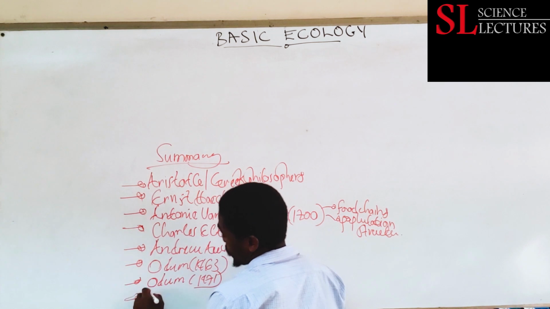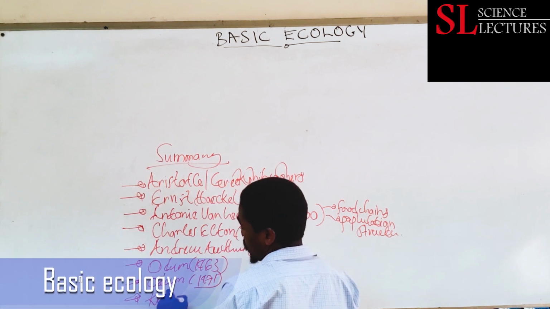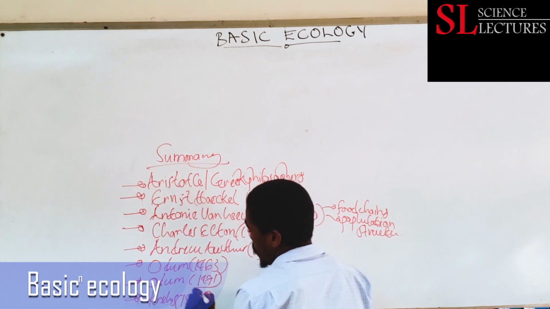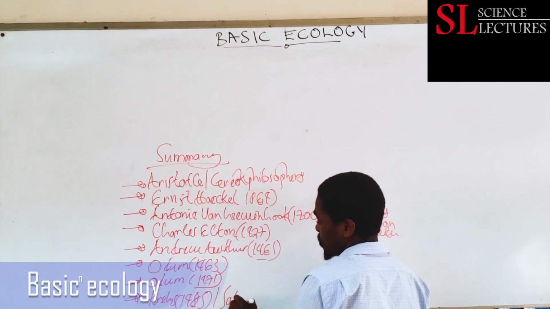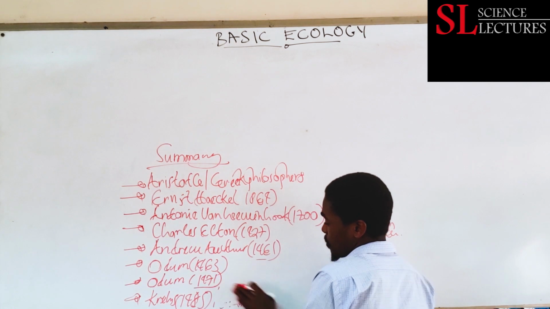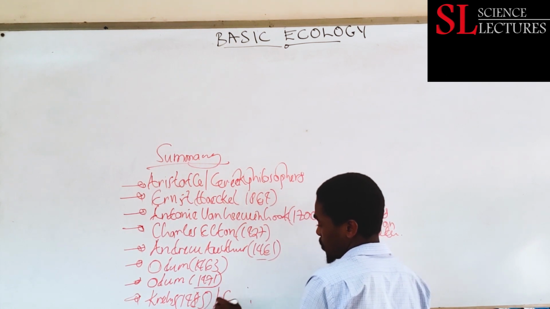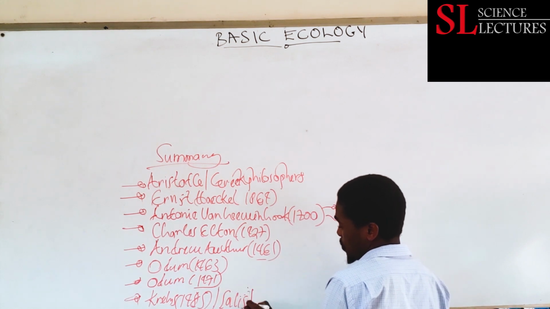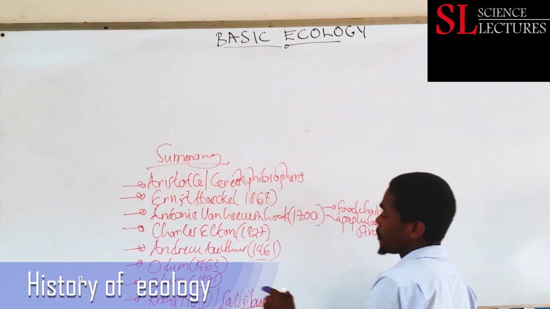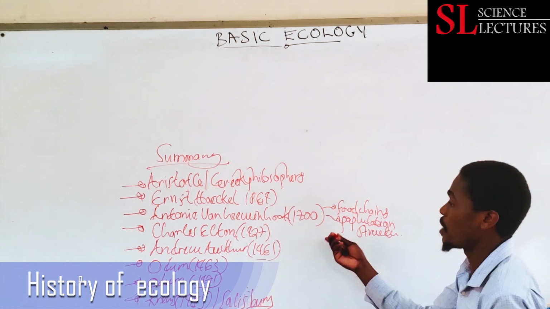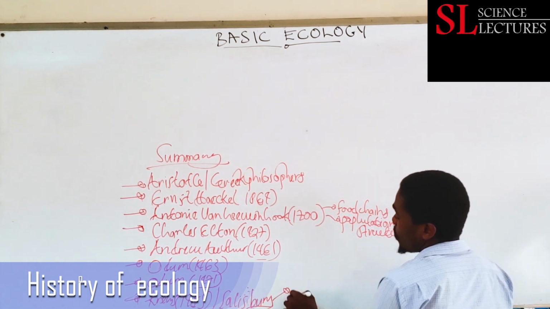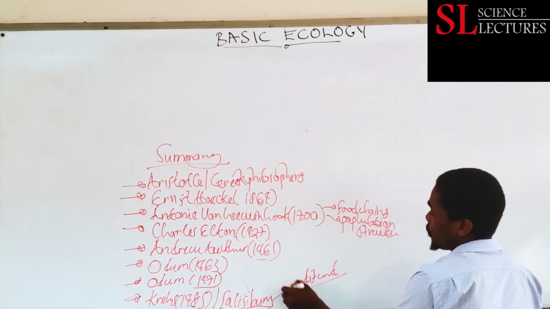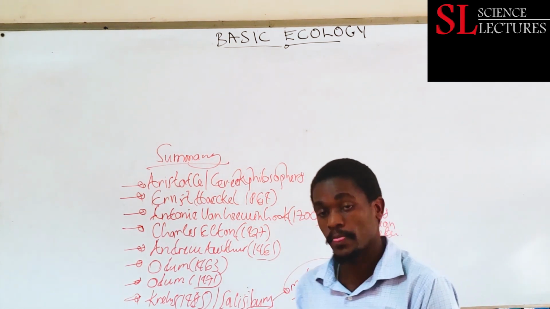Finally, we have Krebs in 1985 with another scientist called Salisbury, and they redefined ecology using whatever Andrew Arthur defined. They modified Andrew Arthur's definition. So that is it basically for the history of ecology.